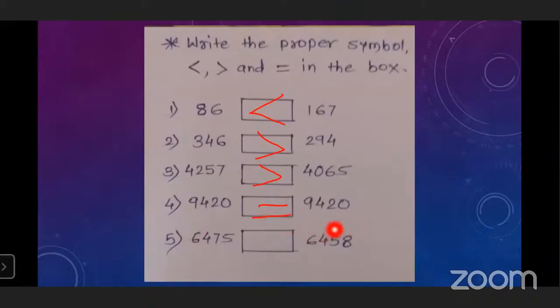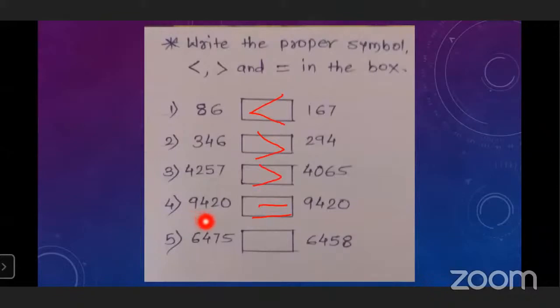When the digits are equal, that time what do you have to do? We have to see the highest place of that number. On the highest place, the first number has a 6 and the other number also has a 6. When the highest place digit is equal, that time we have to use the next place.